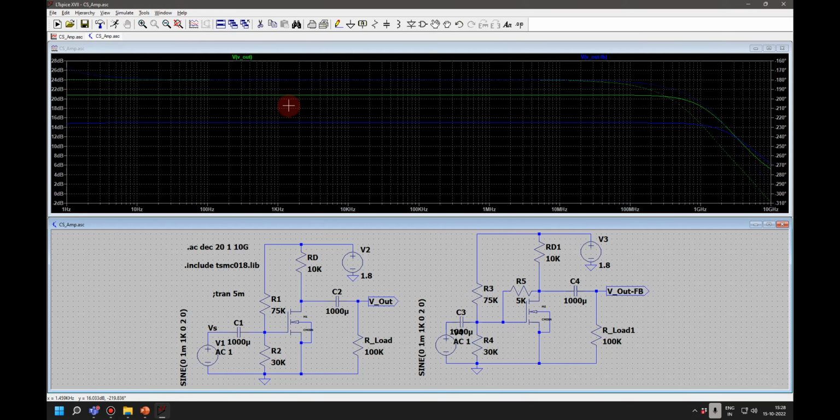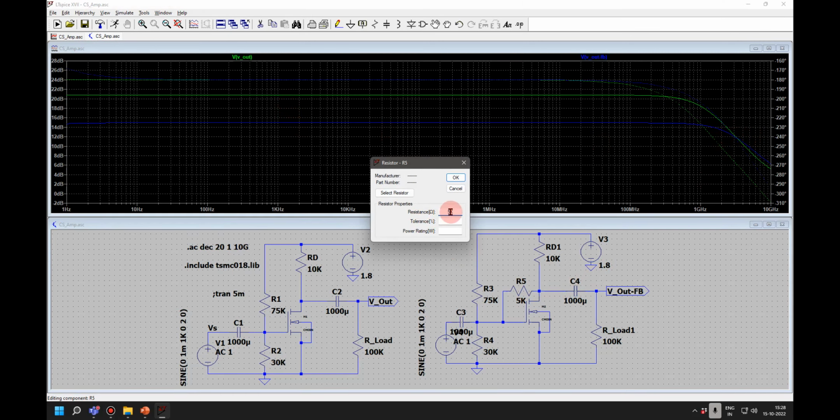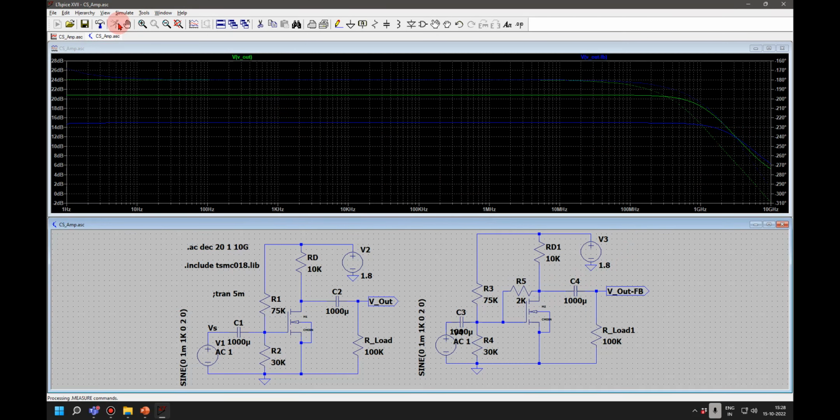If you see here now, the gain has dropped further and bandwidth has increased. If I further reduce it to 2K and run, the gain has further come down, whereas bandwidth keeps increasing. So the gain bandwidth product remains the same by giving feedback.